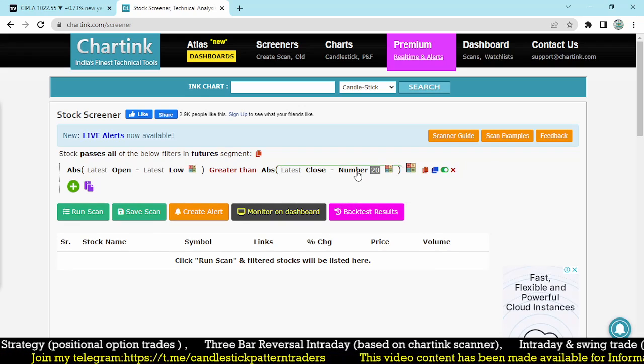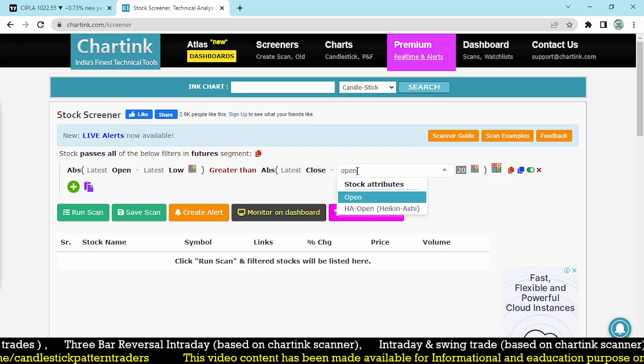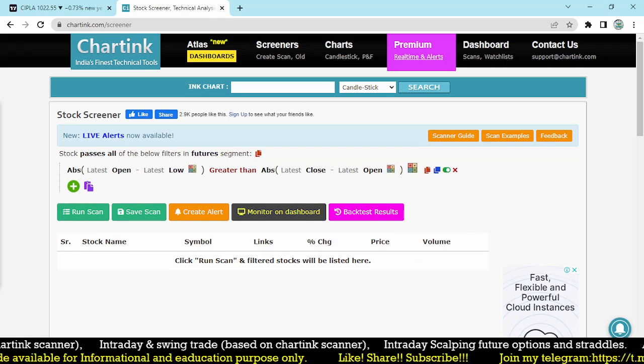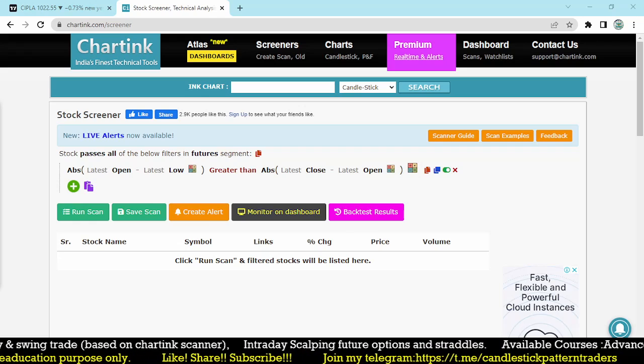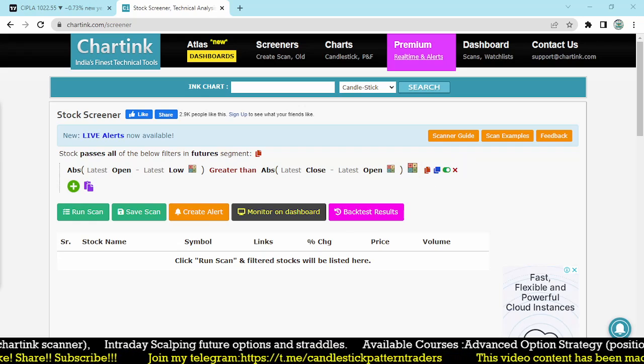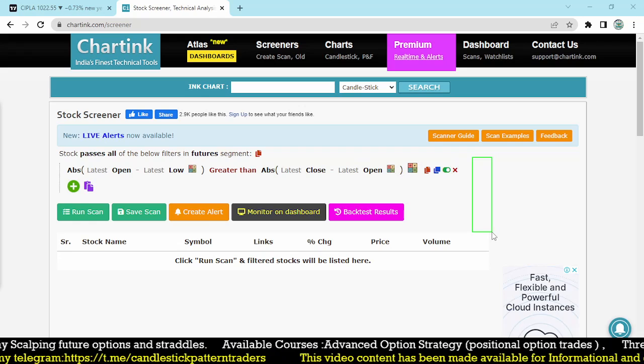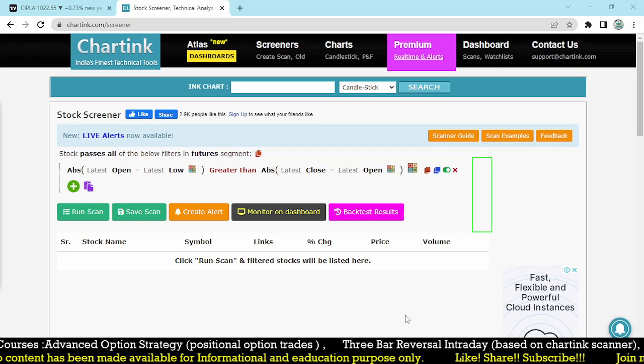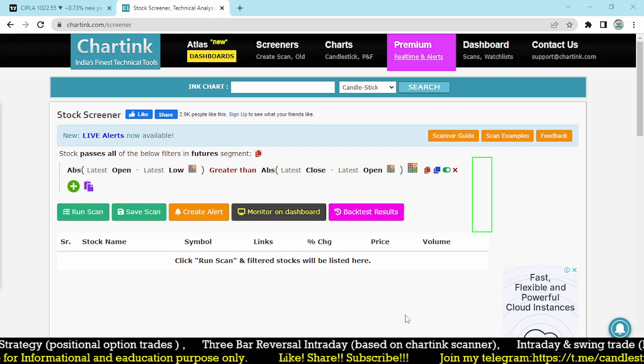Here close minus open would be a green candle, simply because for a green candle the close would be higher than the open. So let's check that. If someone has a doubt on this particular point, I am explaining it so you can understand, my friend.